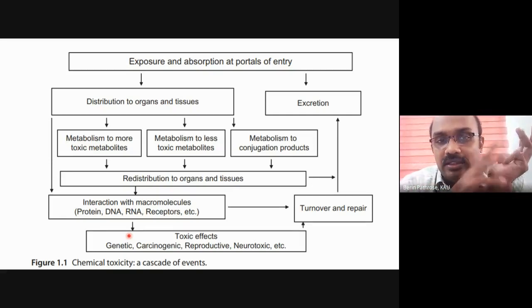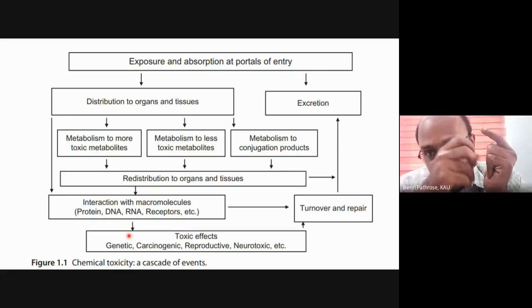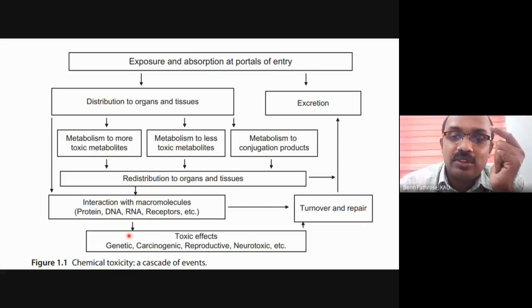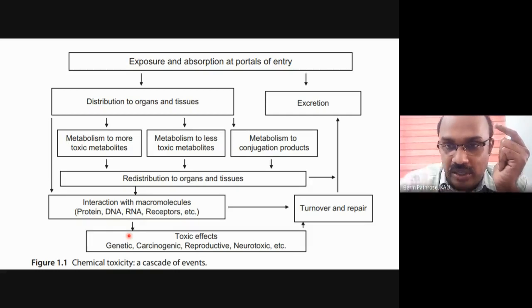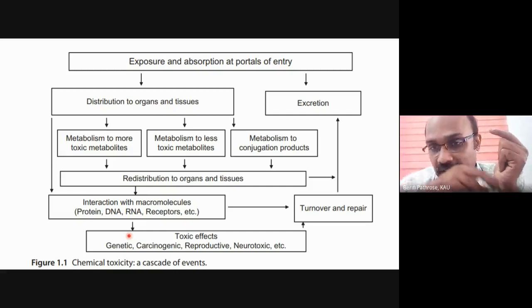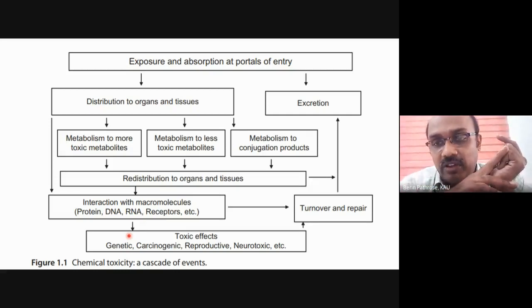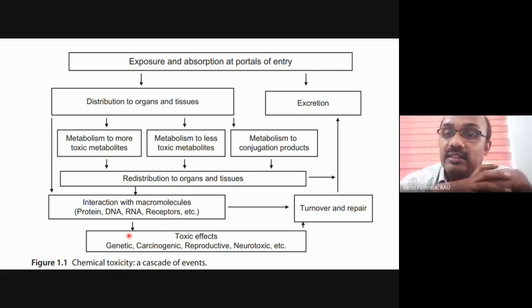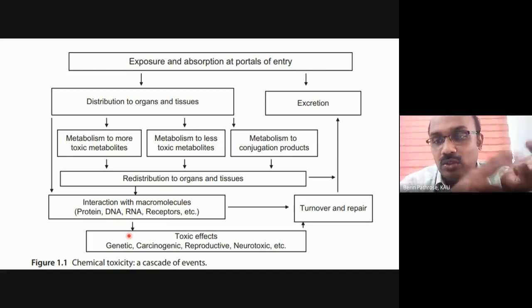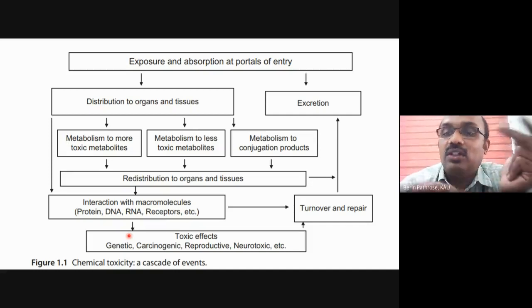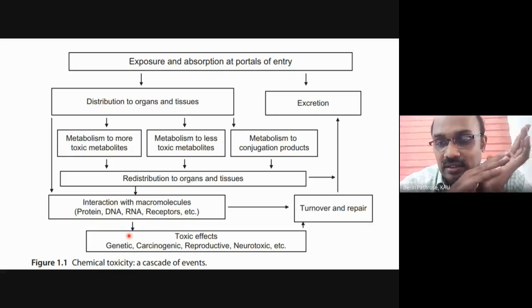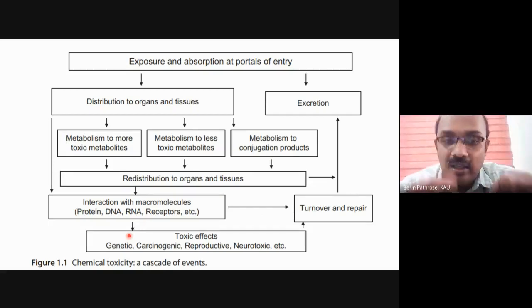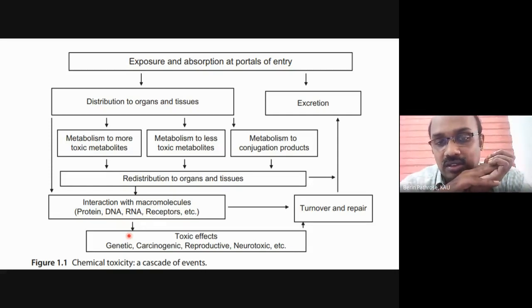The absorption, then distribution, then metabolism. After the metabolism, it can be a degraded product, an activated product, or a conjugated product. It can be again distributed into different parts of the body, and the active or metabolized molecule can interact with the macromolecules RNA, DNA, and protein, and it will exert its toxic effect.